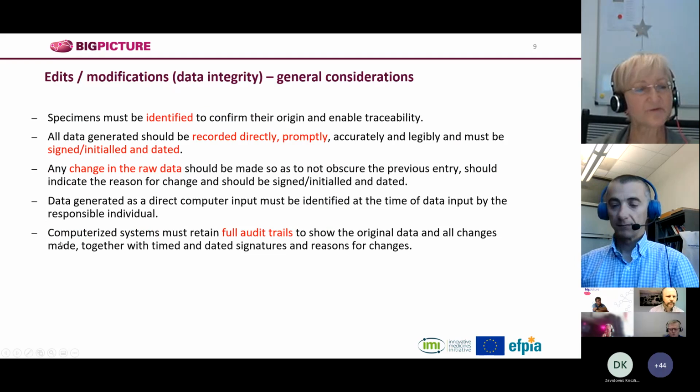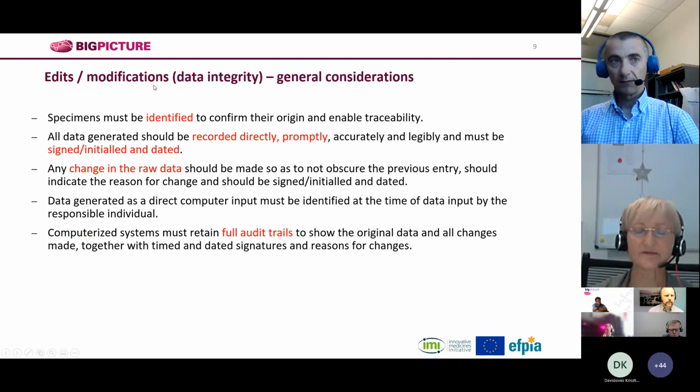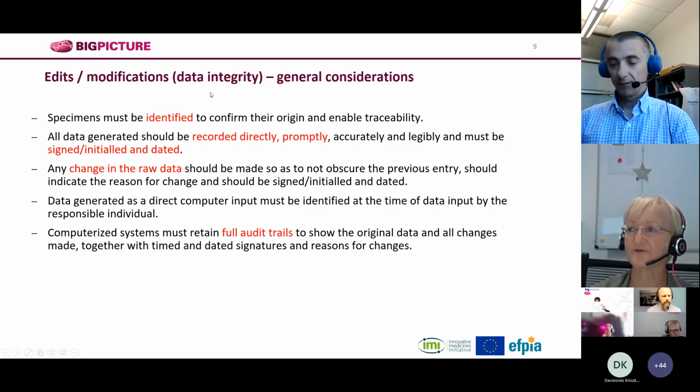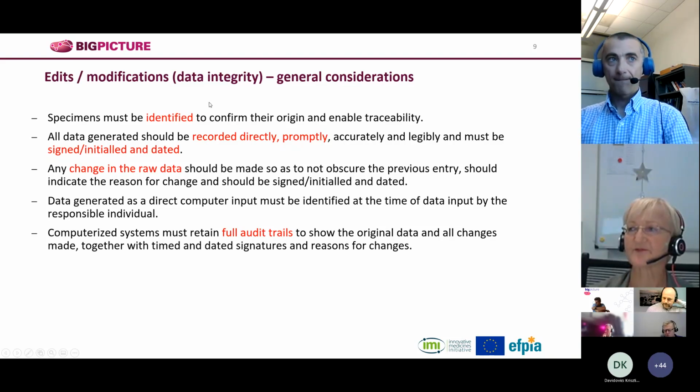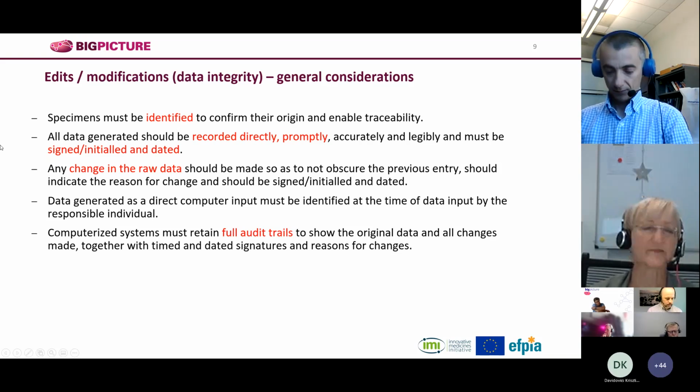Yeah, the next aspect we would like to present is about edits or modifications of raw data obtained in a study, and this then also touches on data integrity. So yesterday and today in toxicologic pathology, it is stated that specimens must be identified to confirm their origin and enable their traceability.